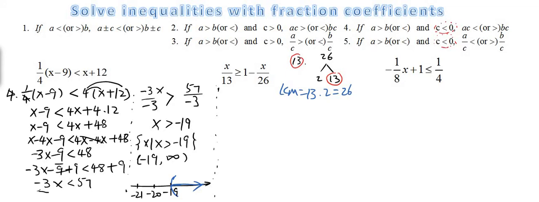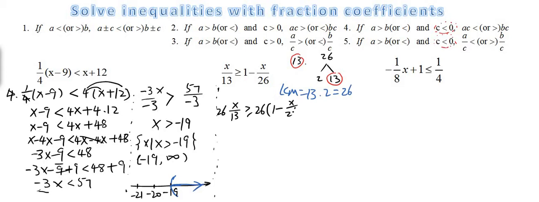Okay. Now we can solve it. We times 26 for both sides in order to remove the fraction. And be careful, since we times a positive 26, that means the sign of inequality should be the same.